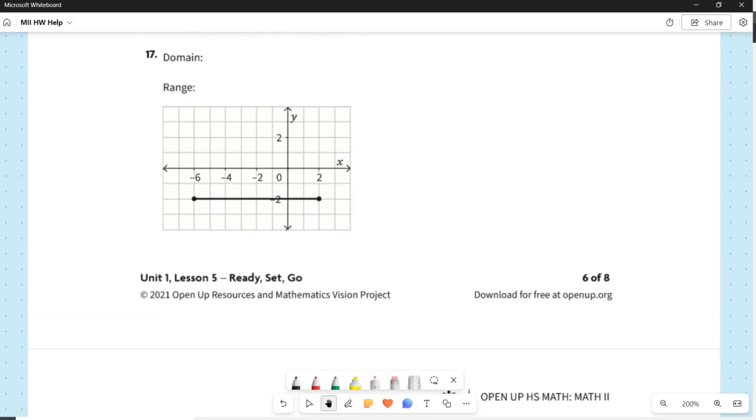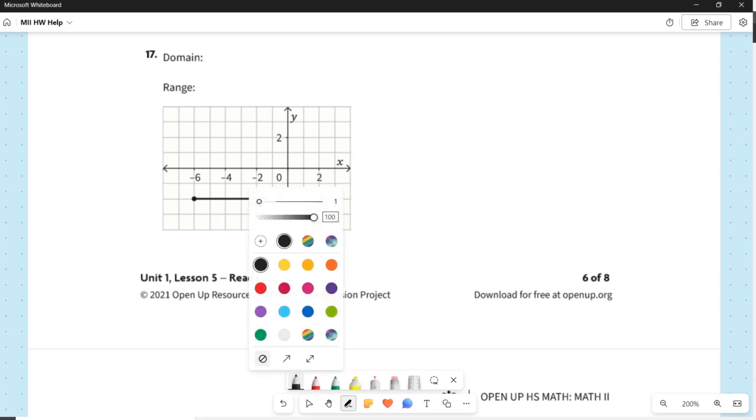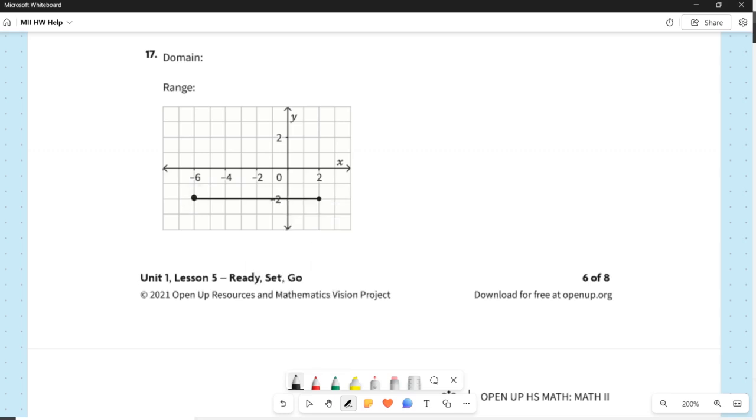For 17, our domain, our lowest x value in this graph appears right there at -6, and our largest x value appears right there at +2.